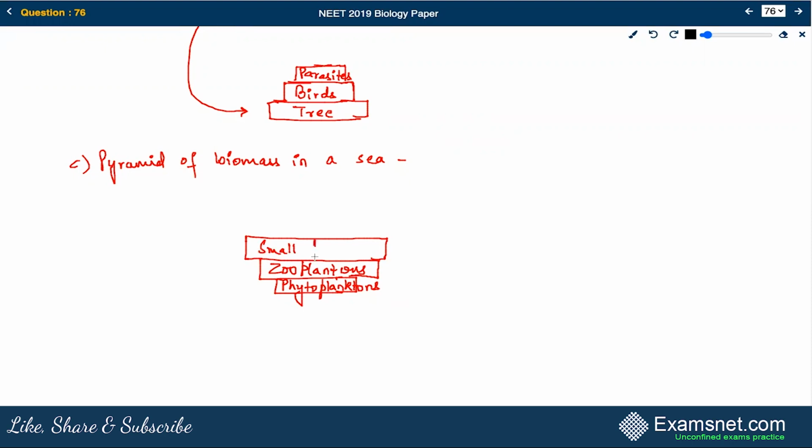Small fishes have bigger weight than the zooplankton, and small fishes are eaten by big fishes. So that's why this is considered an inverted pyramid. Clear?